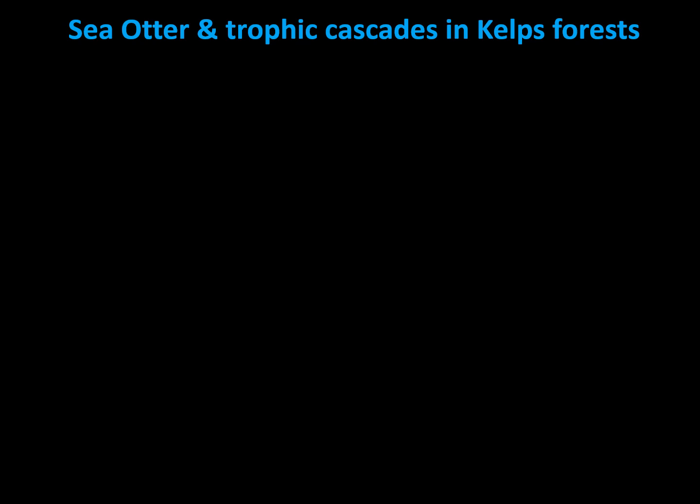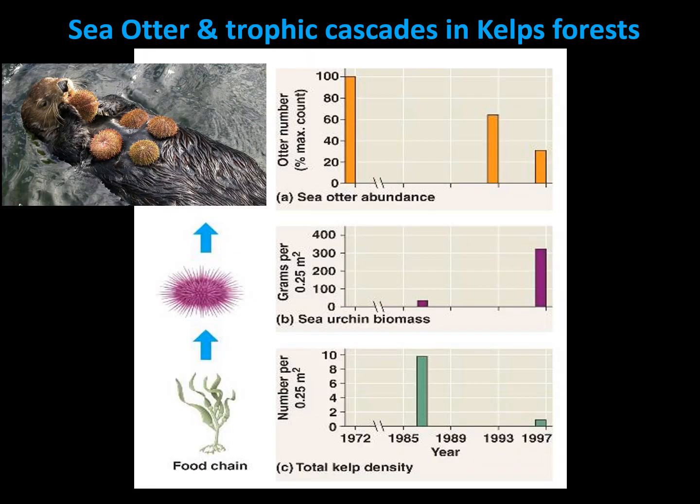To sum it up, let's see what happened over here. Look at the relationship between the density and abundance of sea otters and how that corresponds with the biomass, density and abundance of sea urchins. And when that happens, what's going on with the kelp density?